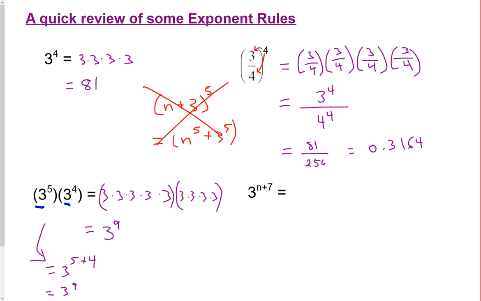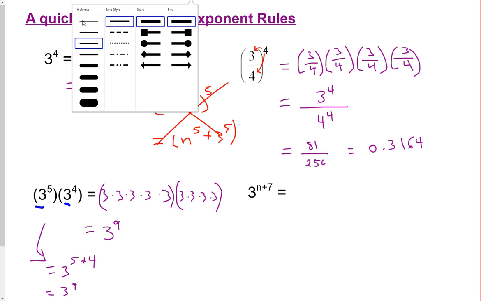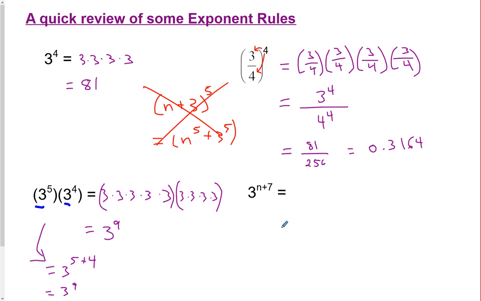Here's our last one. I'm going to switch pen colors just so this doesn't get confused. This one's very similar. I see 3 to the n plus 7. Well, I can actually write that using this same exponent rule as 3 to the power n times 3 to the power 7. I basically just did the same thing but in reverse.